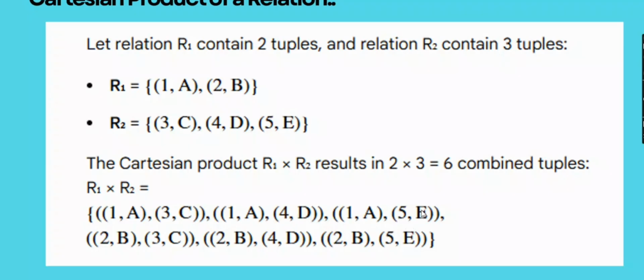Students, as we do in normal matrix multiplication, here also we are combining rows with different columns. Here we are not doing any actual multiplication, we are combining the values, which is a major difference. So this is the result that we get, a new relation which is nothing but R1 cross R2.